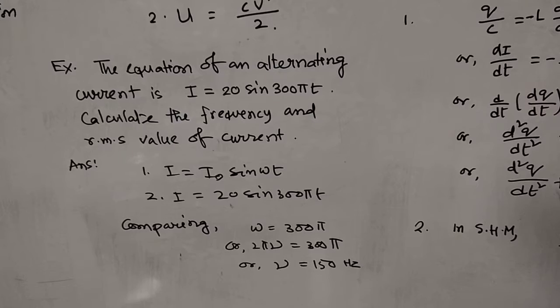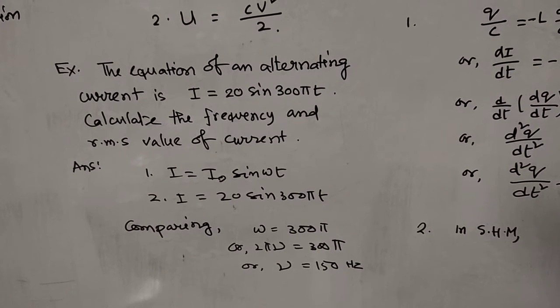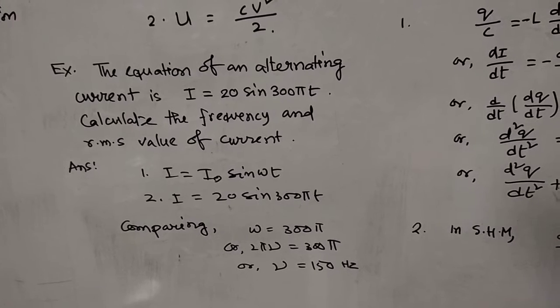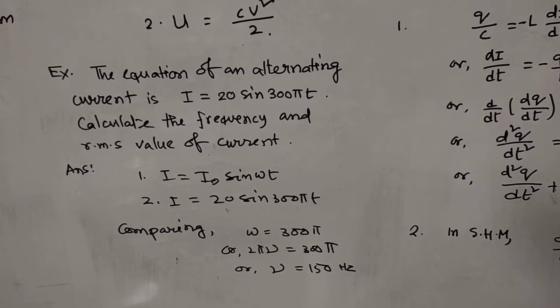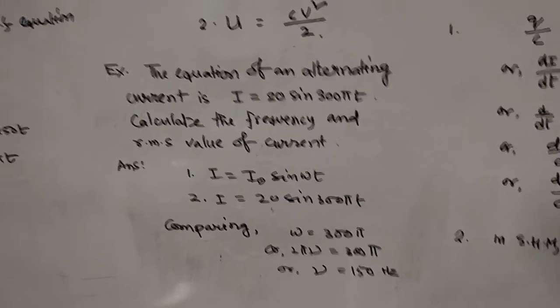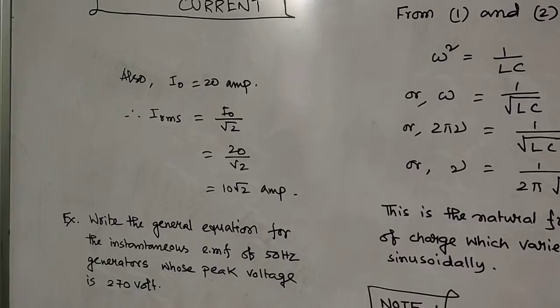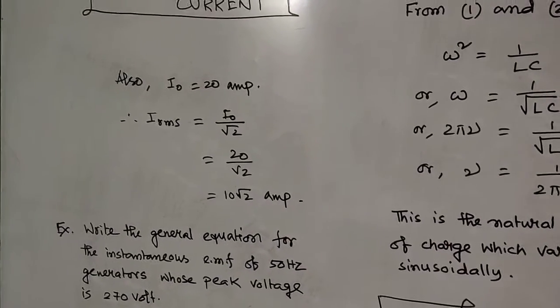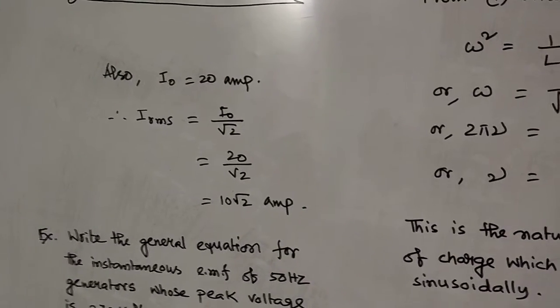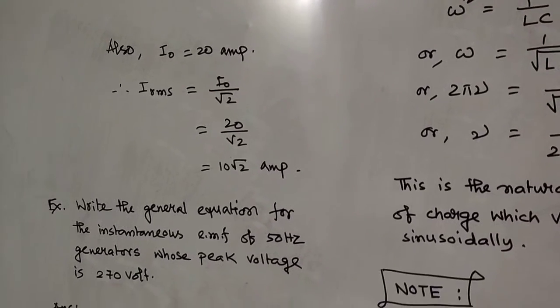If we compare this equation with the given equation, I naught is 20 and omega is 300 pi. So 2 pi nu equal to 300 pi, so nu equal to 150 hertz, and I naught equal to 20 ampere. I RMS equal to I naught by root 2, so here 20 by root 2, which is 10 root 2.